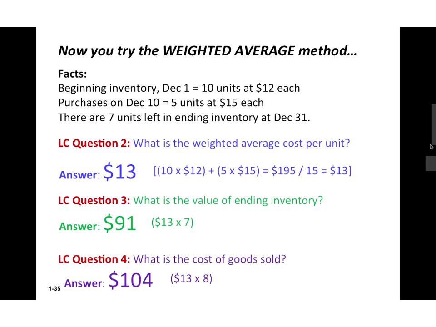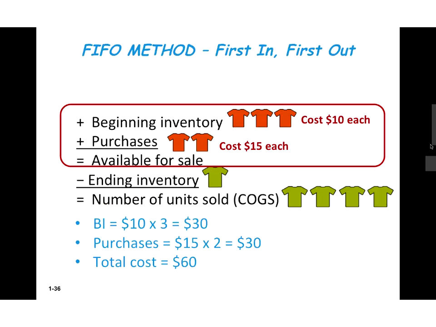So next up, we're going to start with the next method, which is FIFO. The 4 methods are specific unit or specific identification, weighted average, FIFO, and LIFO. So we're going to do FIFO, then we're going to do LIFO, and then we'll practice them again on Wednesday. So our same first example with the t-shirts, now we're doing FIFO.